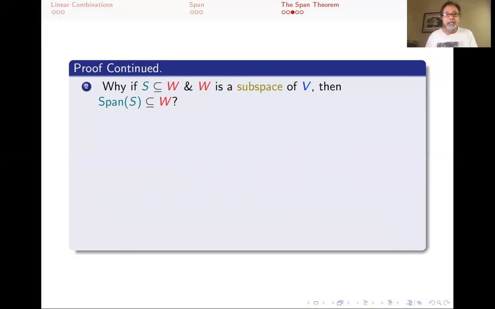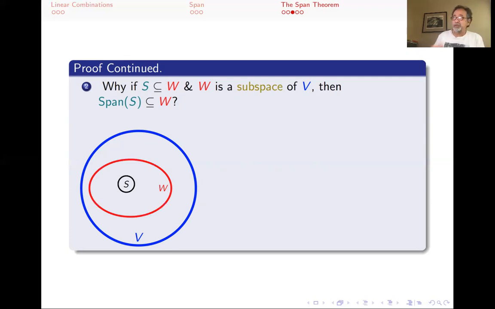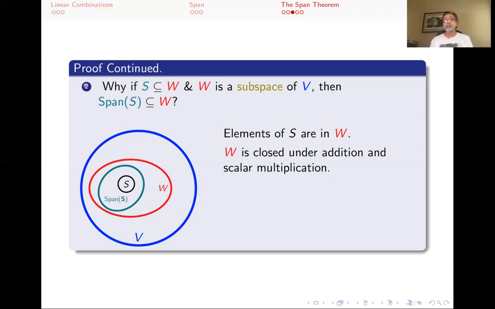So why is that? Let's think of it a little bit like an image. Let's say V is this big vector space, and W is some subspace of it. And S is sitting inside that. S is usually a tiny set of things. And what this says is that when you find the span, it is not going to go outside of W. Why? Well, elements of S are in W. That's what S being in W means. And W is a subspace, so it's closed under addition and scalar multiplication.